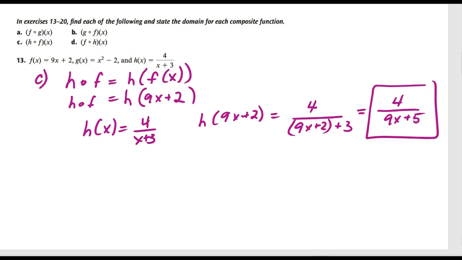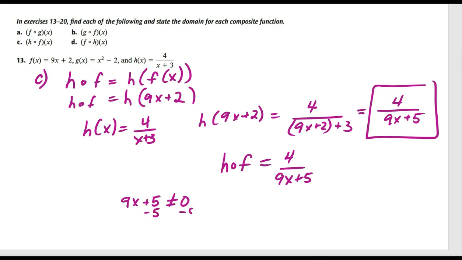Now, it also asks us for the domain. So we have to say, what is the domain of h composed with f? Well, we know it's a rational function. And with rational functions, you have to be careful not to let the denominator equal 0. So we can never let 9x plus 5 equal 0. This would cause our function to be undefined.